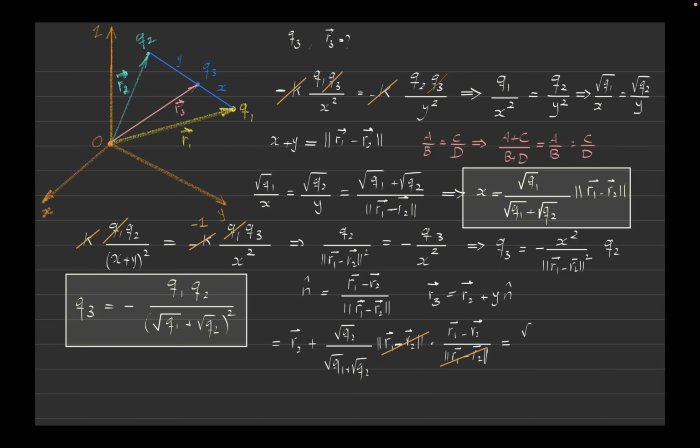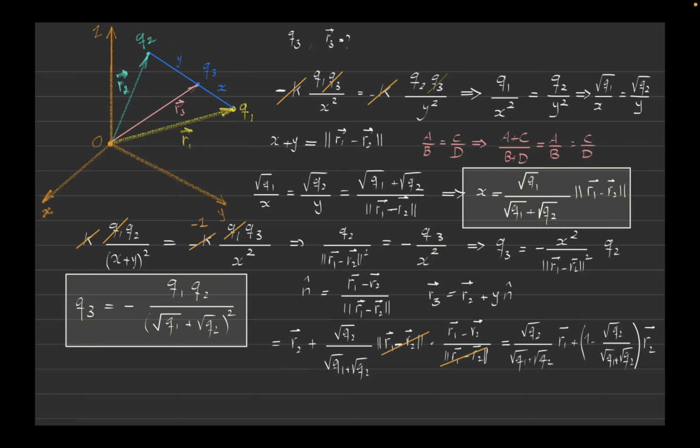It becomes square root of q2 divided by square root of q1 plus square root of q2, multiplied by r1, plus here I have minus r2 times this plus another r2. So if you don't mind, let me factor r2 out. It will be 1 minus the square root of q2 divided by the square root of q1 plus the square root of q2, totally multiplied by r2.